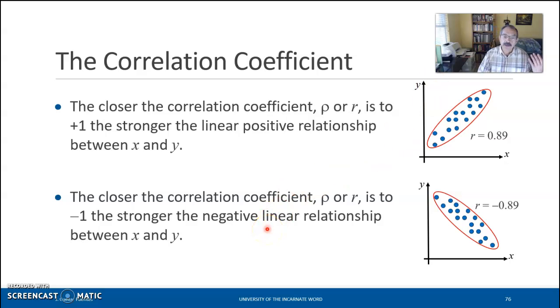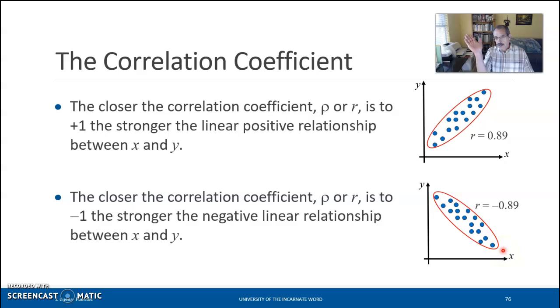Now, if the value of the correlation coefficient is getting closer to -1, that implies that we have a strong negative relationship. You can see the only difference between these two figures is not only that the ellipse is narrow, but also that it is now pointing in the opposite direction.